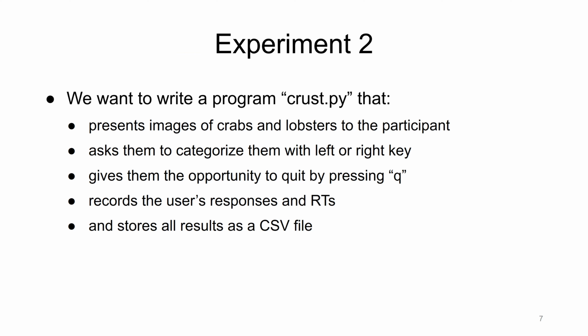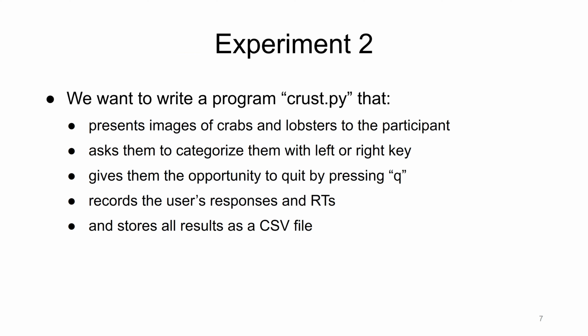The files that you need for this can be downloaded from the Moodle for those who are taking the course with me. And then the subject is supposed to categorize them with the left or right key. The user should also have the opportunity to quit the entire program or experiment by pressing Q.